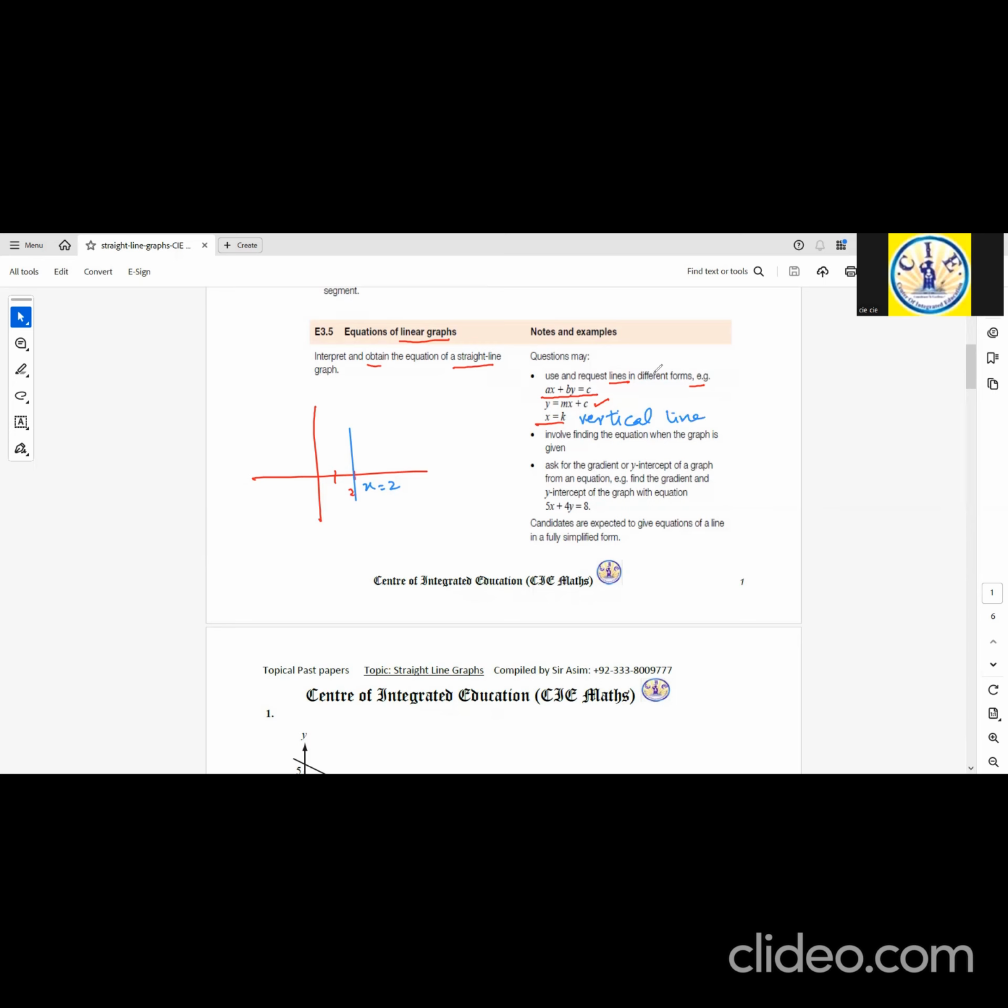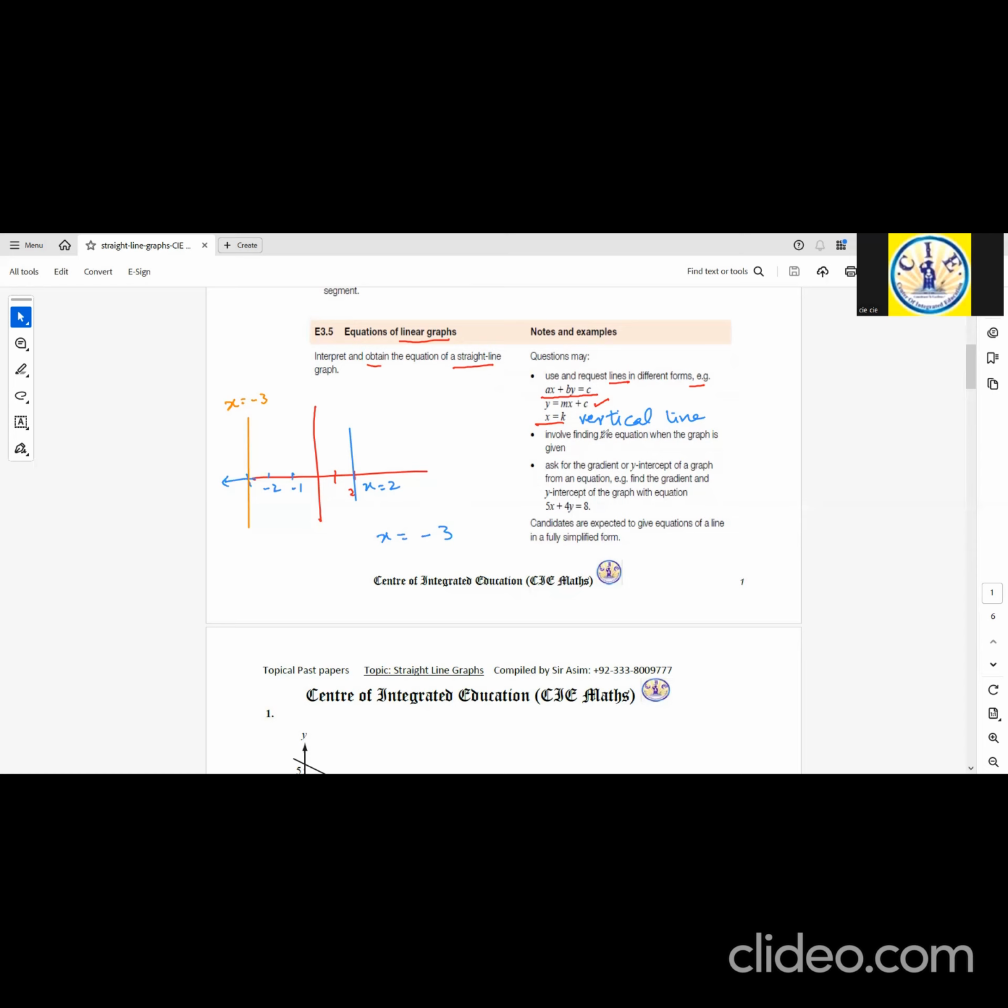Similarly, if we need to draw the graph of x is equal to -3, for example, it would be -1, -2, and then -3 somewhere here. So the graph would be this one. This graph would be of the equation x is equal to -3.